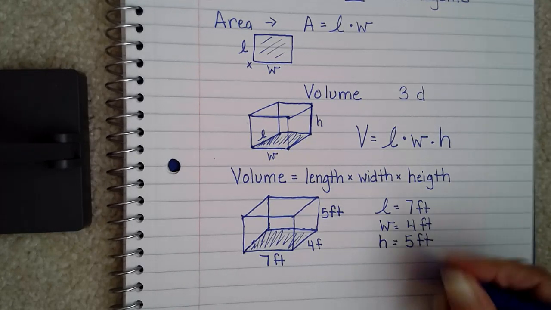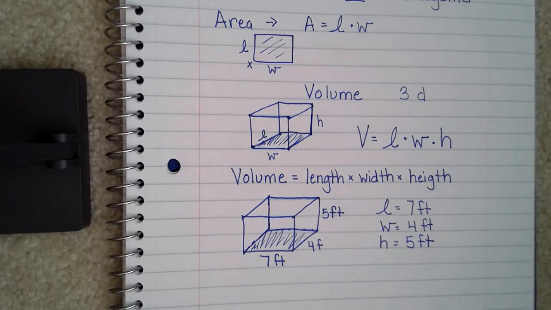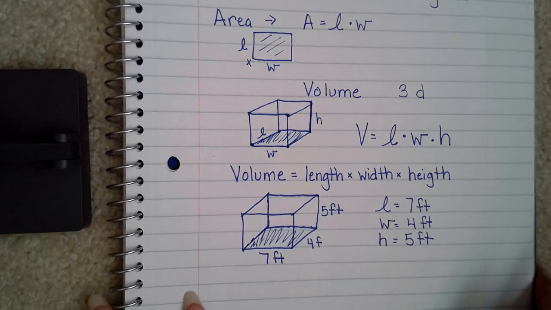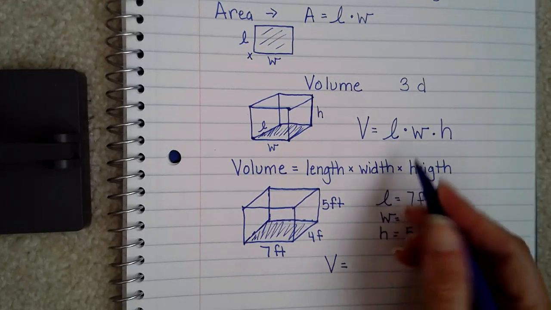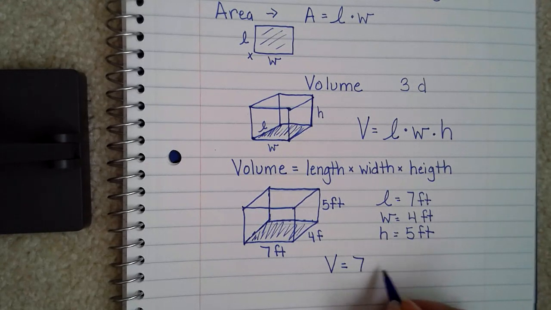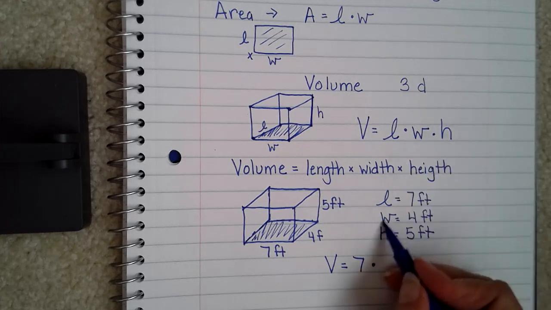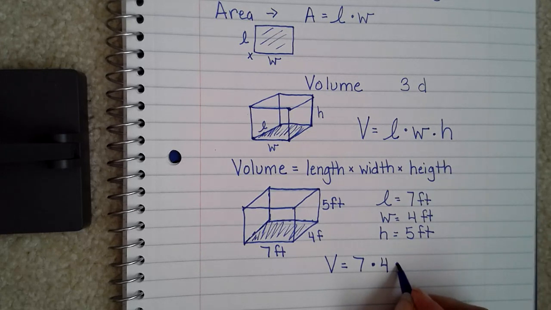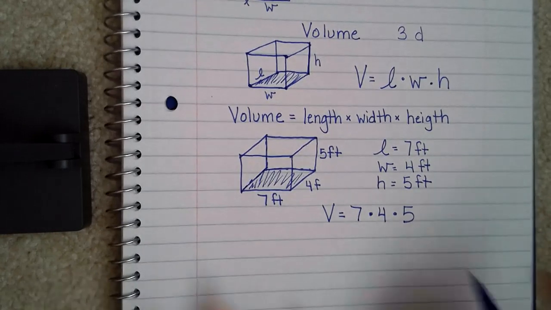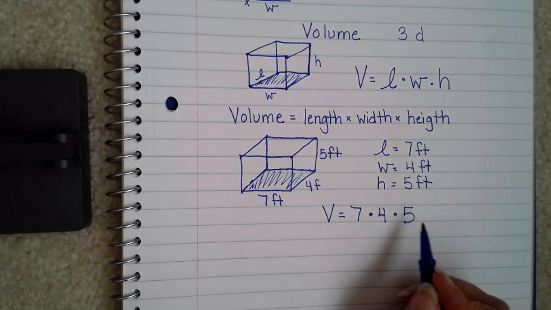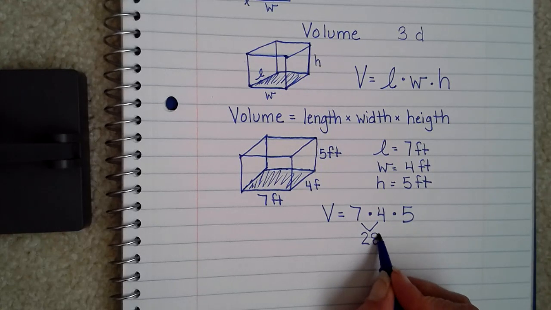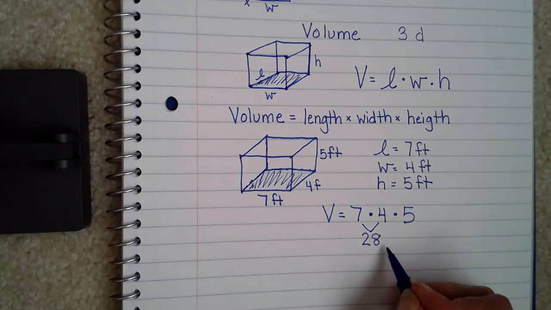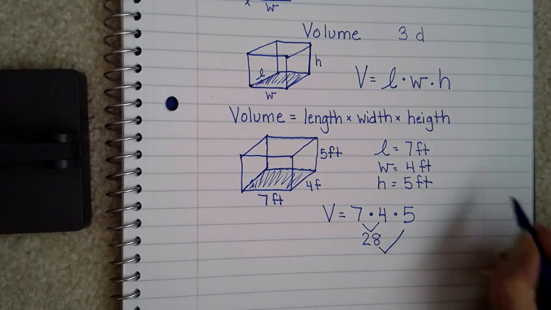So if we follow our formula, volume equals length, so 7, times width, 4, times height, which is 5. So we just go ahead and solve that out. We don't have to worry about order of operations because it's all multiplication. So 7 times 4 is 28. And then we have to take 28 times 5.